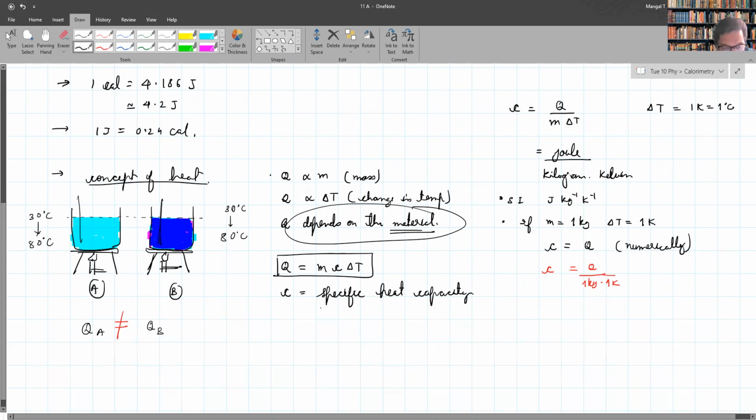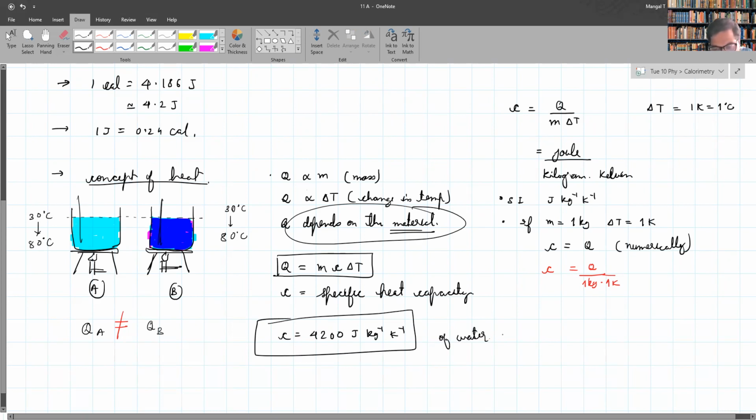Now I'll give you an example. Specific heat capacity of water is 4,200 joule per kg per Kelvin. That is the specific heat capacity of water, which is among the highest. So the question will be asked, what do you mean by that?